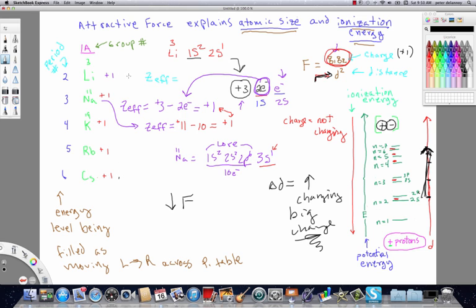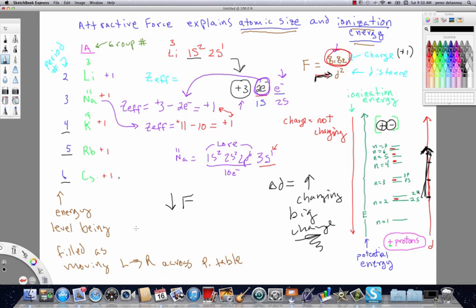The distance is increasing dramatically because as we go down the group, each new electron is being added to a new energy level. And you can see from my diagram that as we shift from one energy level to the next, the distance is going up.